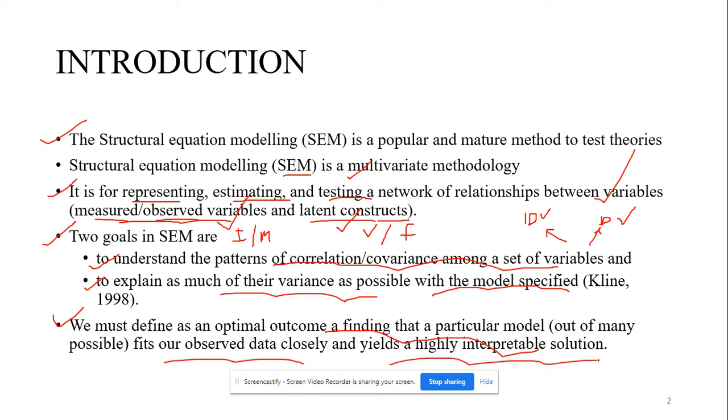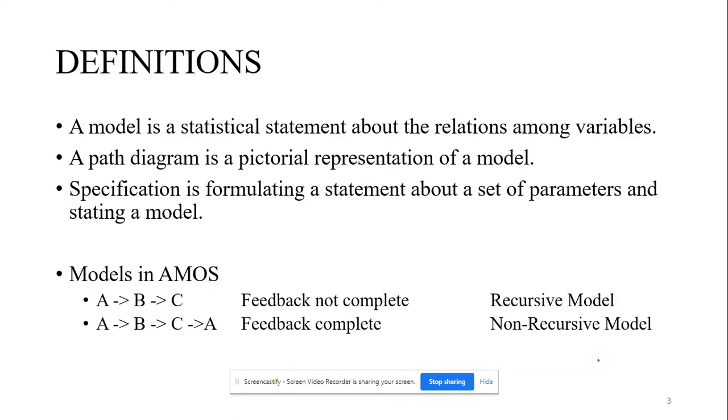So we define an optimal outcome, that this particular model fits our observed data closely, and then this hypothesis is checked using structural equation modeling. And while we check this hypothesis, we also come to know about the relationships that exist in the model.